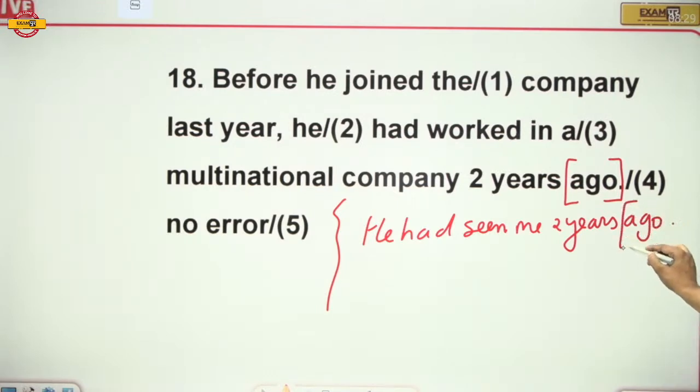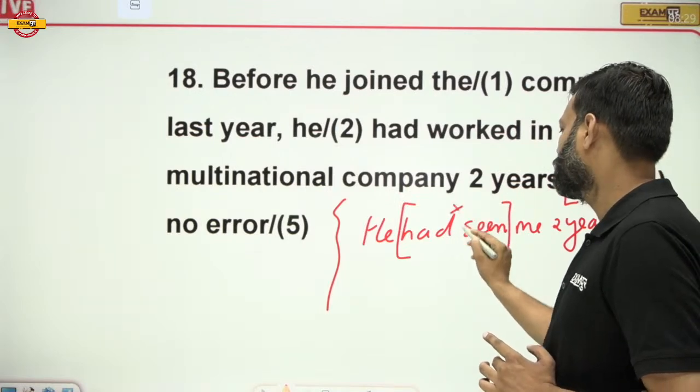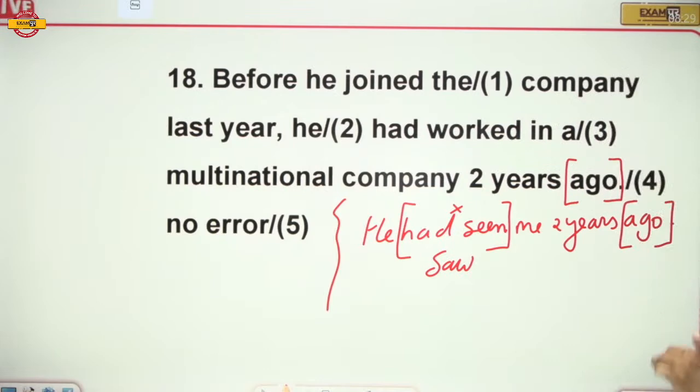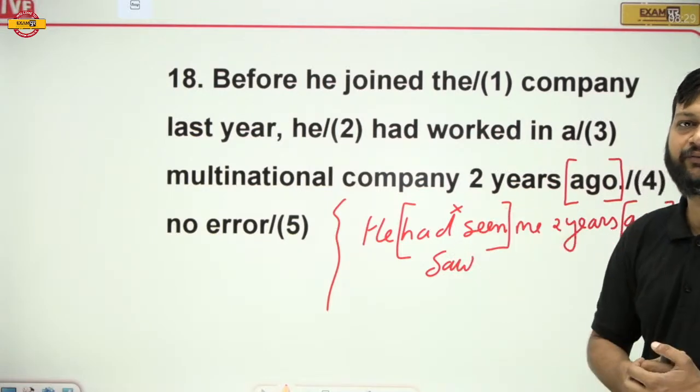Ago refers to past indefinite, so in this sentence we need to change the tense. Here we need to change had seen into saw, because ago refers to past indefinite tense. That's why we change the past perfect tense into past indefinite.